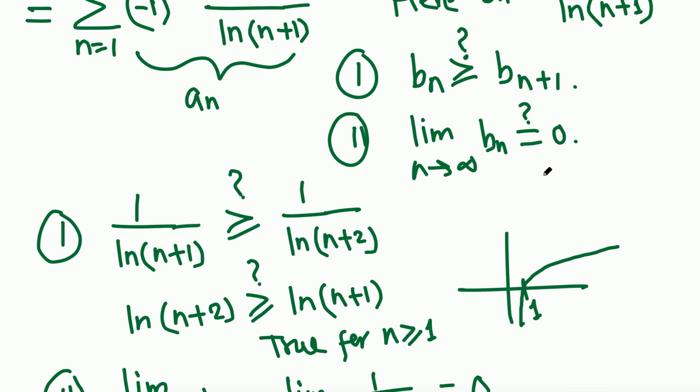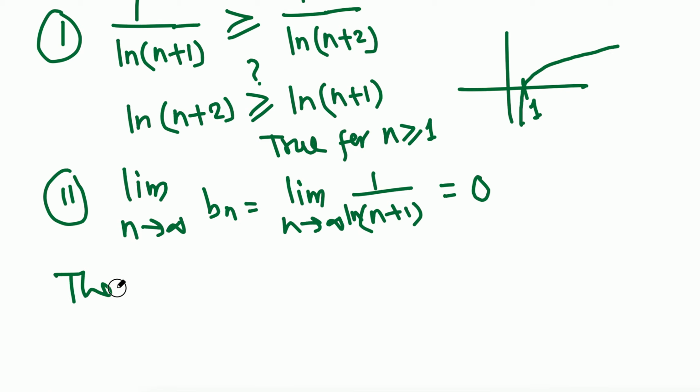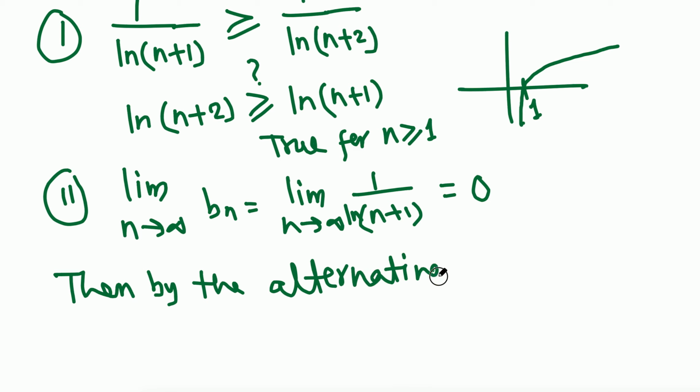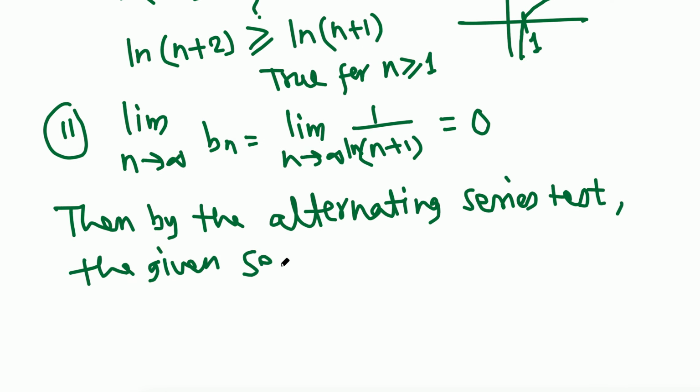Okay, so these two conditions are satisfied, then by the alternating series test, the given series converges, or the series is convergent, same thing.